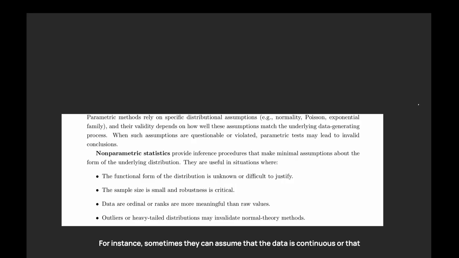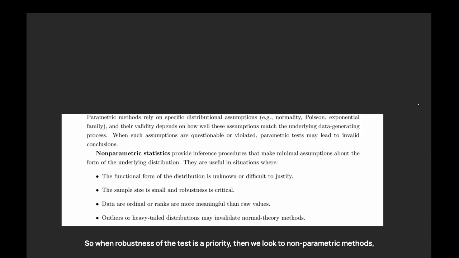For instance, sometimes they can assume that the data is continuous or that the data is symmetric about the median value, but they do not assume the data comes from some form of parametric family like we did in the classical t-tests. These methods become very helpful when, say, the sample size is very small, or the data that we have are ordinal or ranked rather than the raw quantities, or when we require that our tests are as robust as possible.